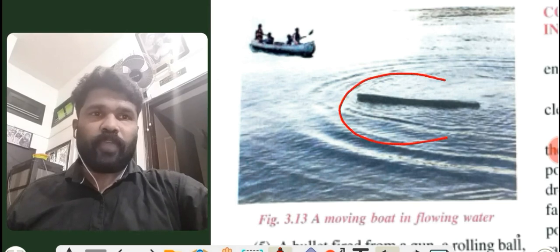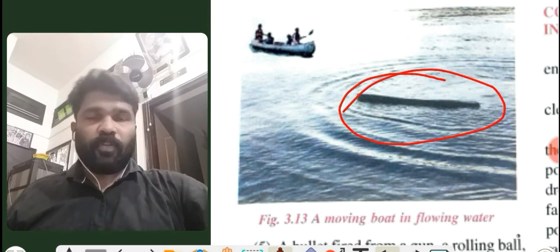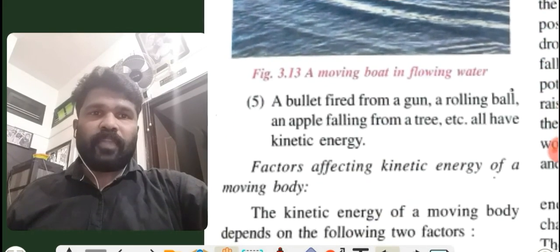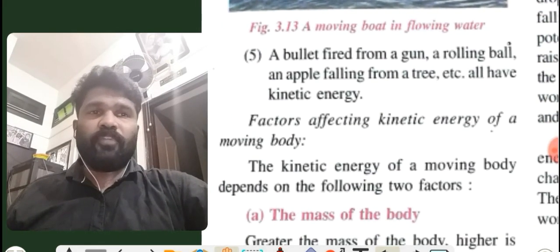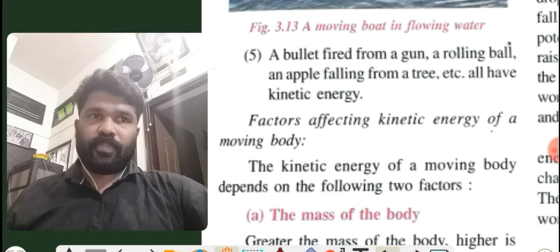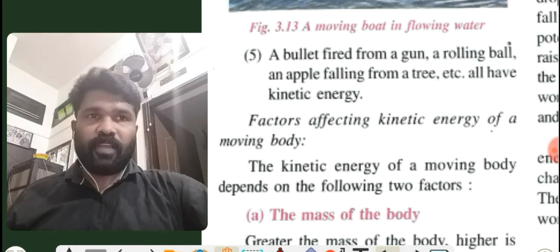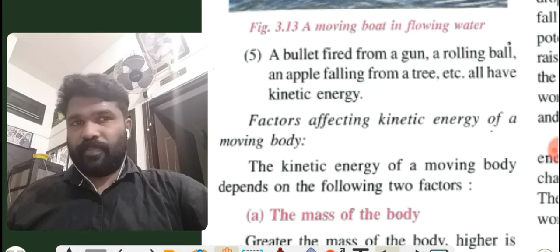Another example: a bullet fired from a gun, a rolling ball, an apple falling from a tree, etc. all possess kinetic energy.